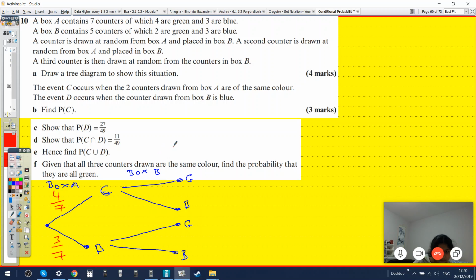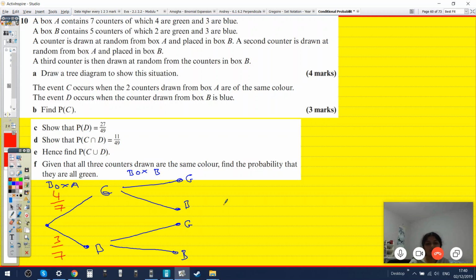No, you don't know how to draw the Venn diagram for this. What would be the probabilities for box B, just normally or after a counter is placed in it? Yeah, after.